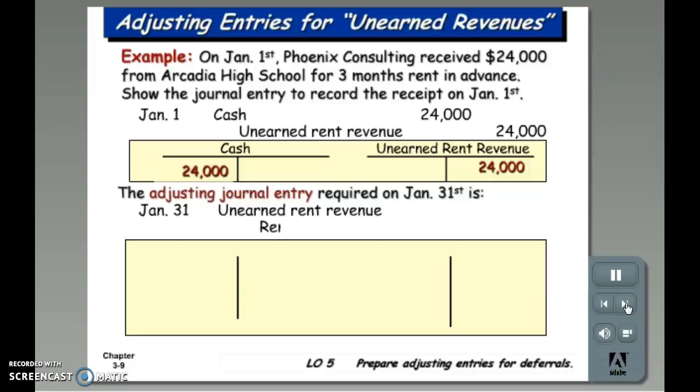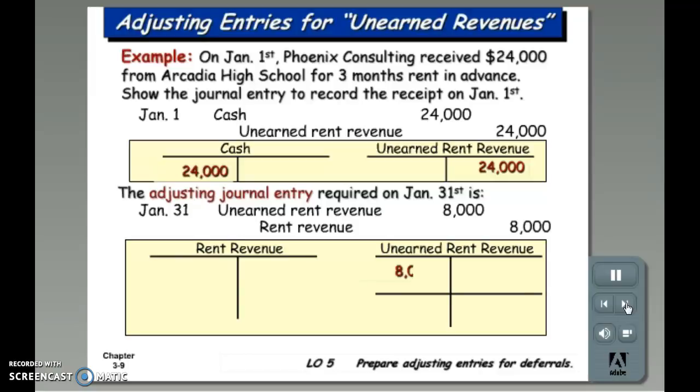The rent revenue account is the credit account. 1 month's worth of rent is $8,000, calculated by dividing $24,000 by 3. After posting the adjusting entry, the January 31 adjusted balance in unearned rent revenue reflects Phoenix Consulting's obligation to provide the building for 2 months, or $16,000 worth.